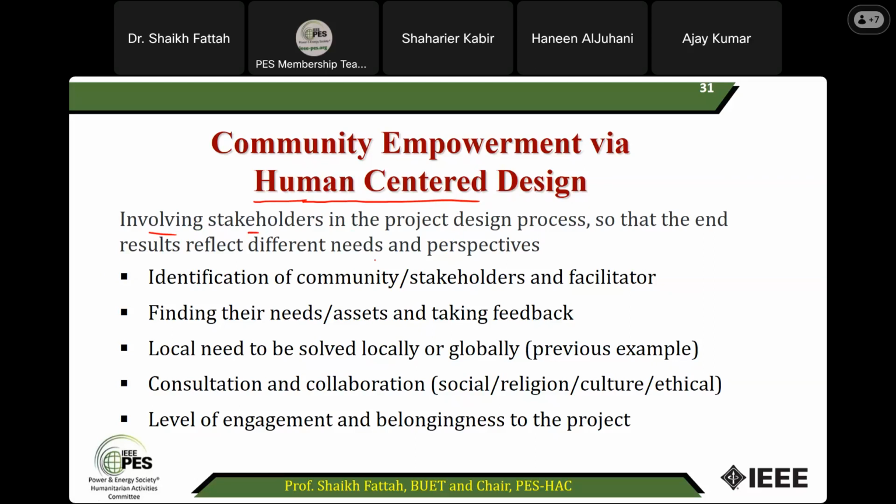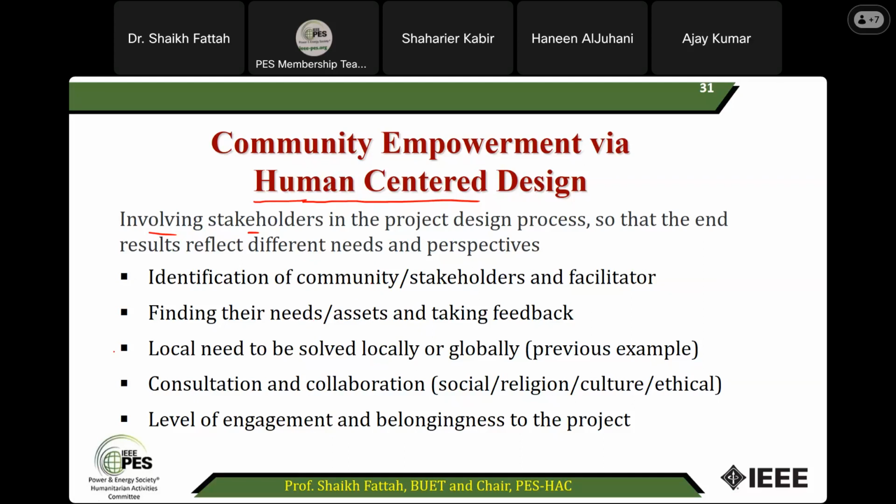The needs we have analyzed definitely come from your community people. That's why when you are designing the solution, their feedback is also important, because needs are already coming from their side. So the solution, when you are trying to design, also must come from their side. That's why human-centered design is very popular.